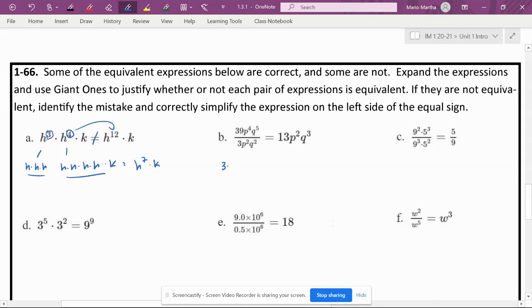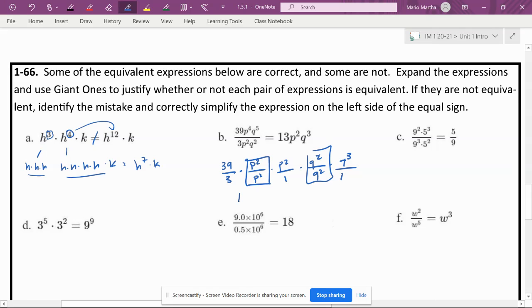The first one's going to be 39 divided by 3 times p squared over p squared times p to the 2nd power over 1 times q to the 5th over q to the 2nd over q to the 2nd times q to the 3rd over 1. Let me write that so it looks a little bit nicer. So q to the 3rd over 1. So these are our giant ones, like always. There's 1. There's another one.